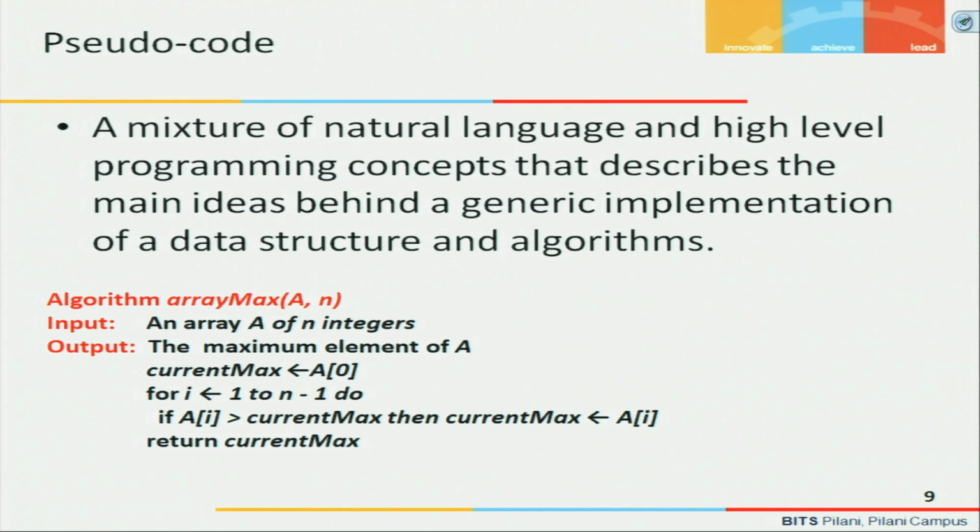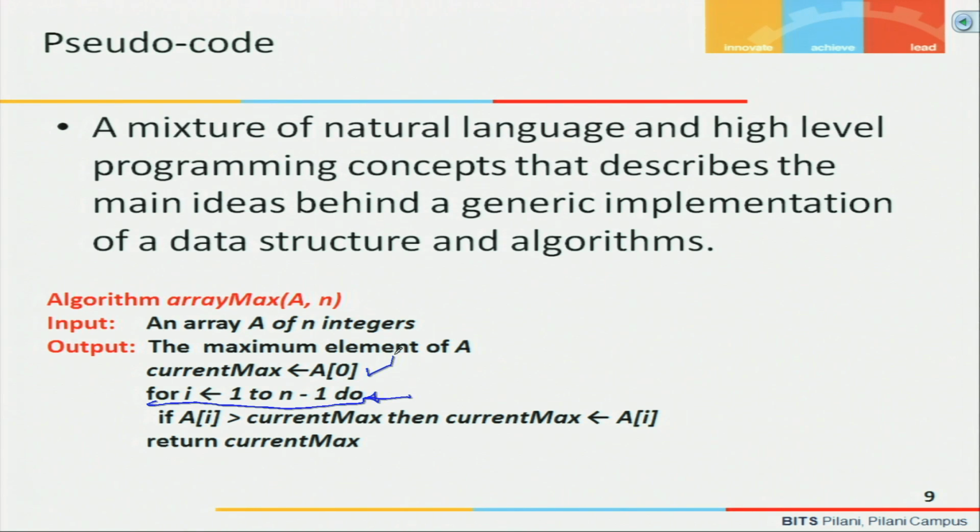So, in this particular example, if I look at this particular statement, that is basically a loop. So, according to our assumptions, we are not going to look at the time that we are going to require to execute this particular expression. Whereas, an expression like this is going to take us 1 unit of time.